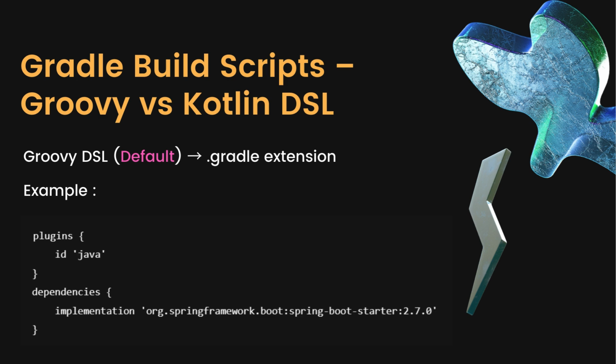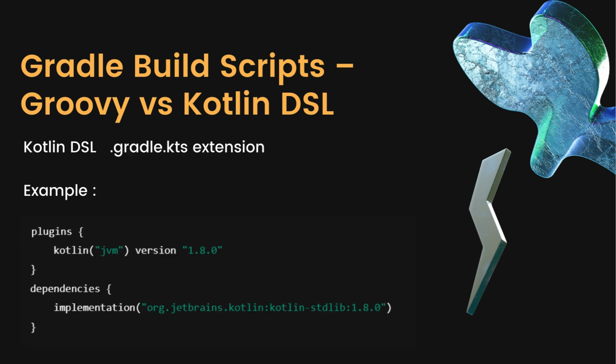In a Gradle project, by default it is going to take Groovy as its programming language and it has a .gradle extension. Here you can see in the example, we declare our plugins and dependencies under single inverted commas.